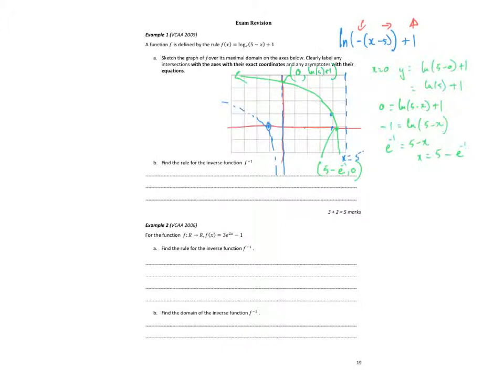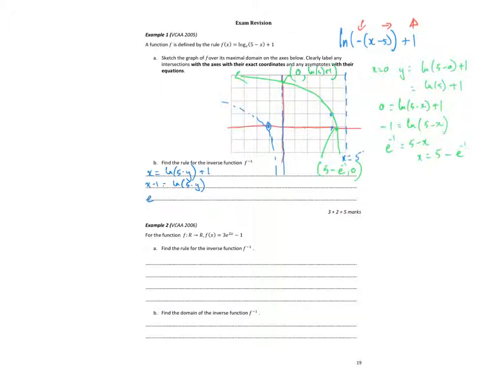Okay, find the rule for the inverse function, f inverse. So let's just swap x and y, so I can write that as x equals natural log of 5 minus y, plus 1. So I get x minus 1 equals natural log of 5 minus y. The base on that natural log is e.